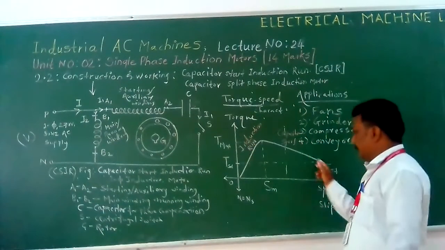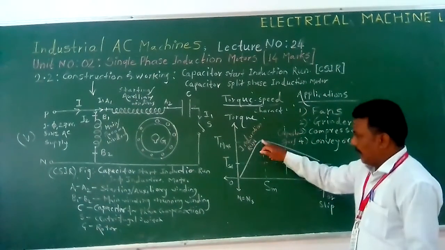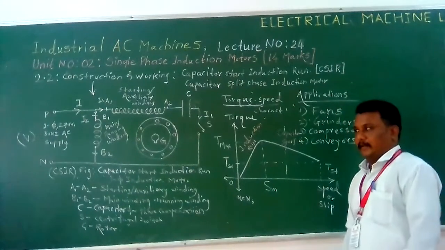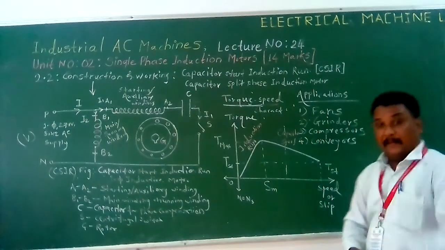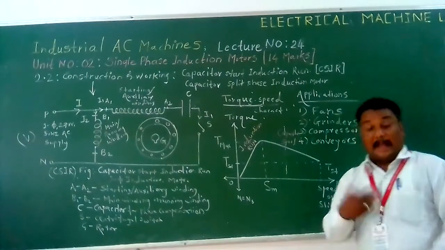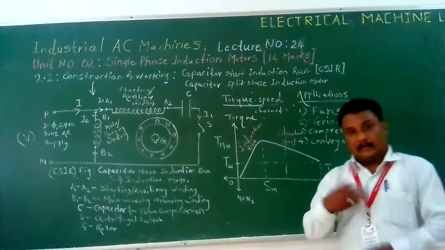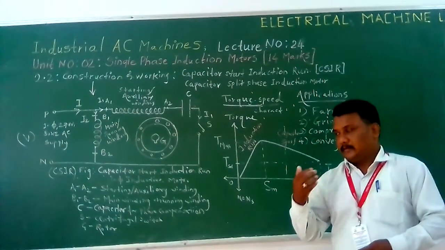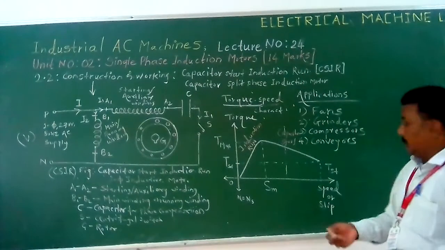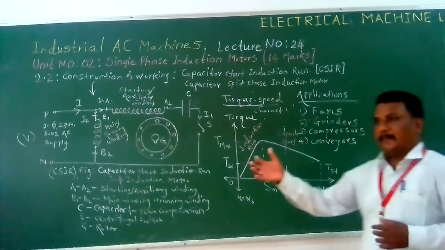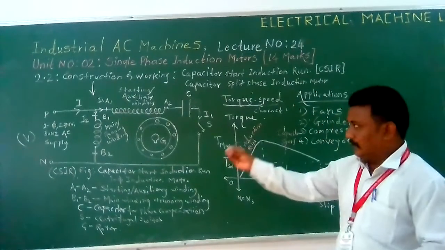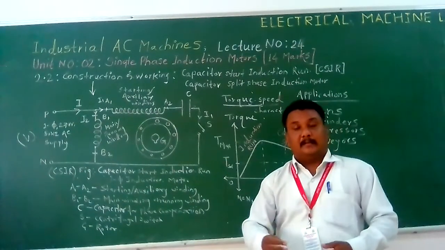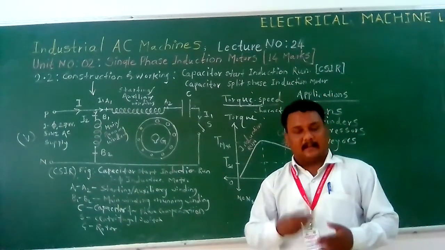This is the capacitor start operation and this is the induction operation. So this is the torque speed characteristic. Now the applications are fans, grinders, conveyors, then mixers. There are lots of types of applications. So this is the capacitor start induction run, CSIR, induction motor.